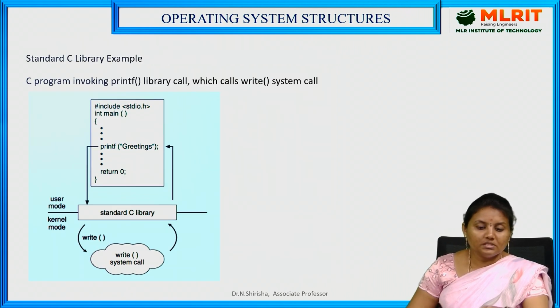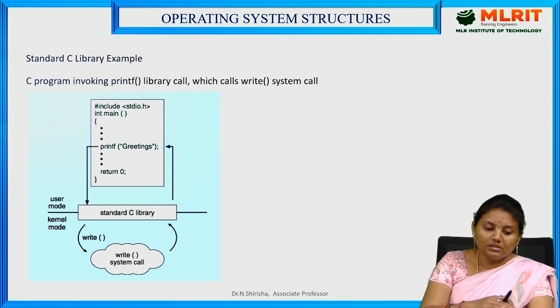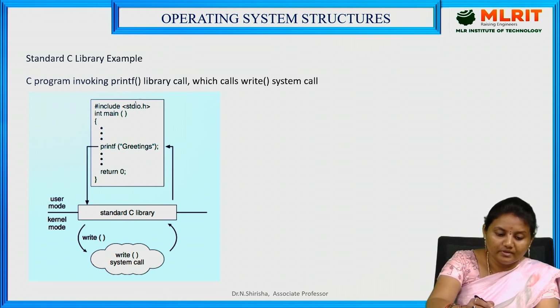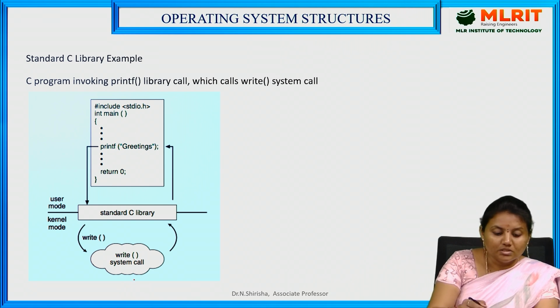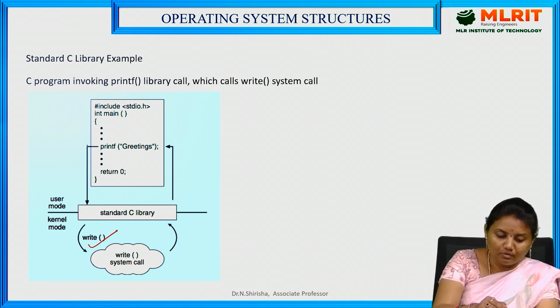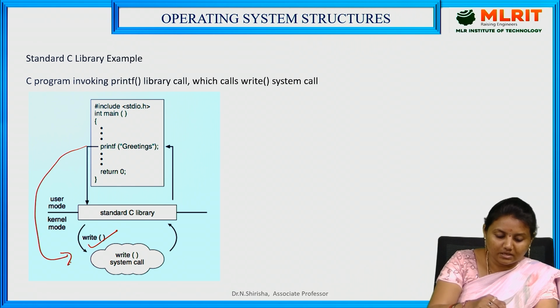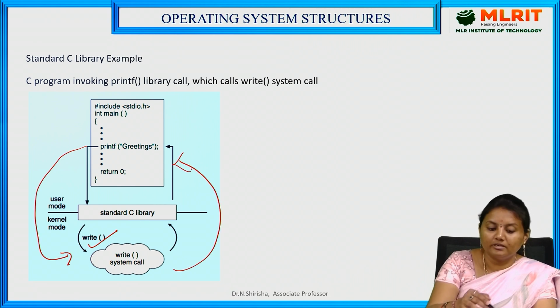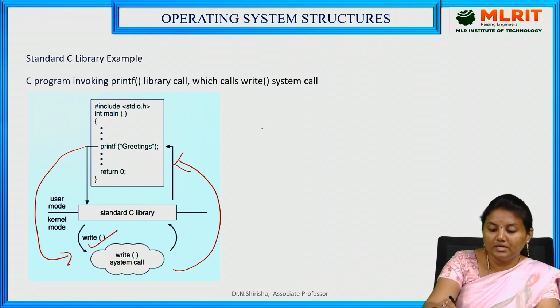If you see this example here, this is a standard C program where we are writing a small code. This is in the user mode where he writes the code and it sends to the kernel. When it is sending to the kernel, you use the write system call. Therefore, the kernel will understand that something should happen here, and it returns that to printf, that is greetings, so the output will be greetings.